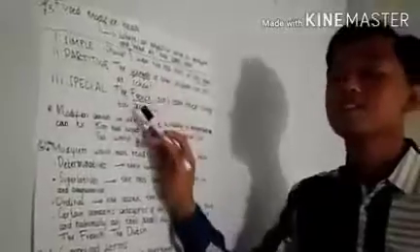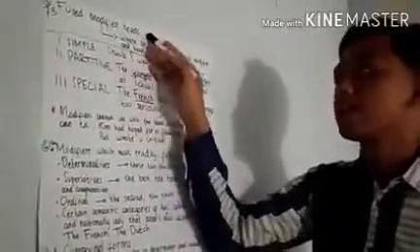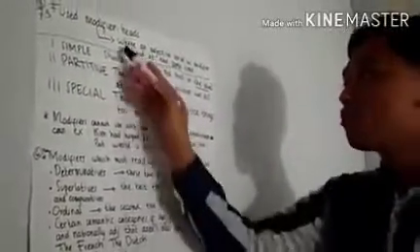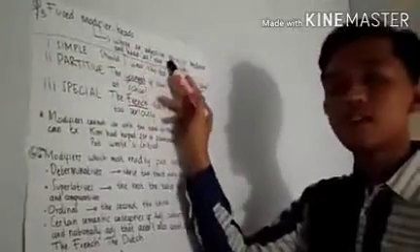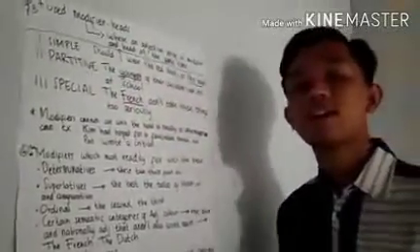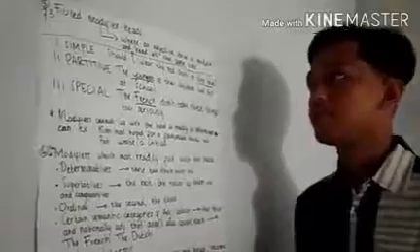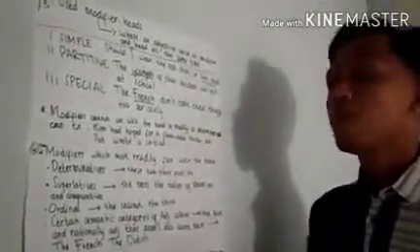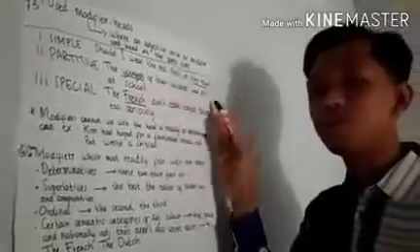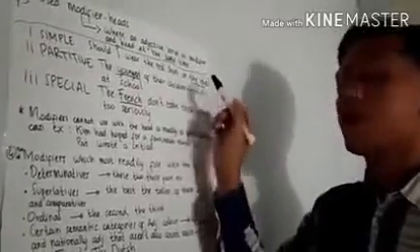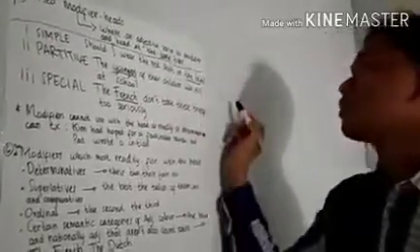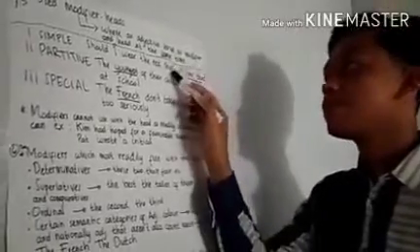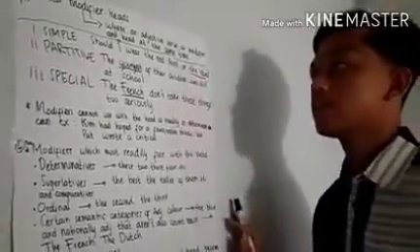Okay, next, fused modifier heads, where an adjective serves as modifier and as head at the same time. For example, in the simple form, "Should I wear the red shirt or the blue?" As we understand, the blue here refers to the shirt, right?